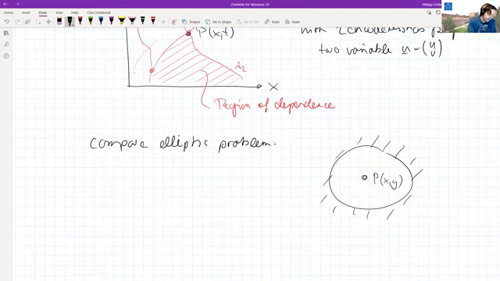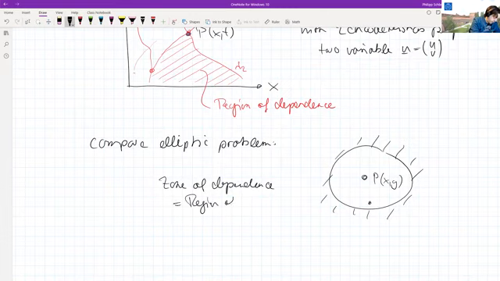Similarly, if I change something in another point Q here, if I hit the flow there, I know that also the point P will be affected. So in the case of elliptic problems, we have understood that the zone of dependence is the same as the region of influence, and it would essentially cover the whole domain.